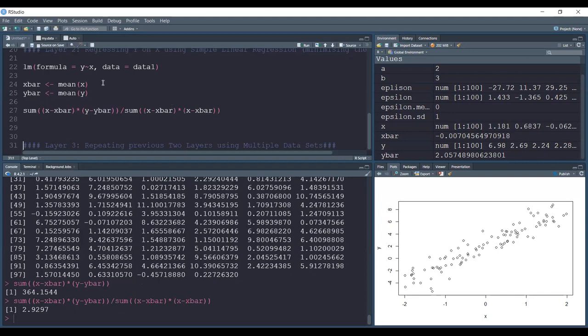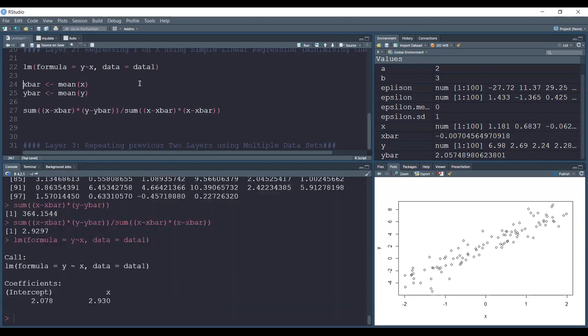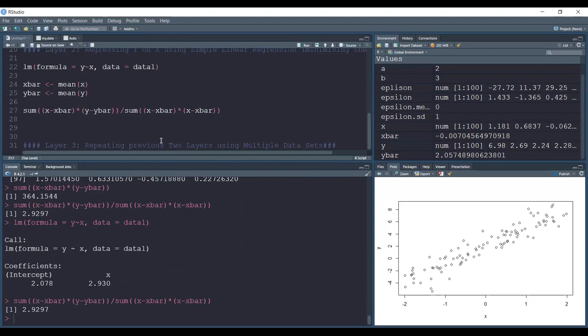And there we go. Let's look at this again. Oh no. Do we have the same? We don't have exactly the same. It might be just because it's rounding though, right? So 2.9297.